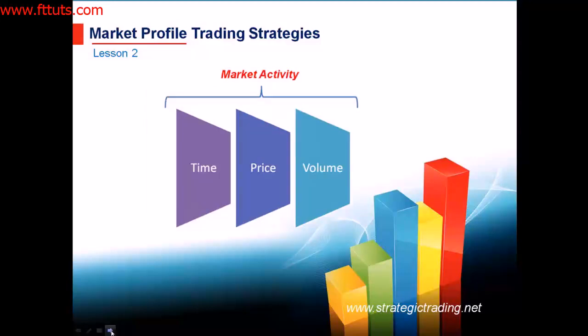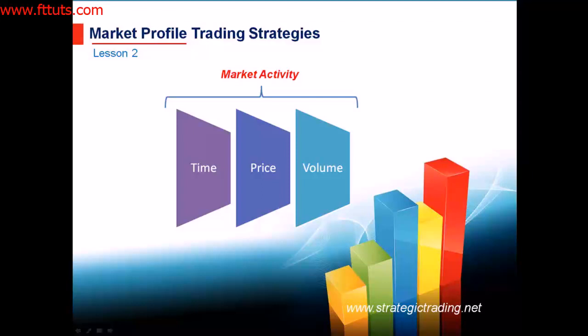Now, why those three key items? Because these three items will allow us to get a handle on and understand what is going on in the market. And that's really what we want to know as traders. We want to get a feel for market activity.